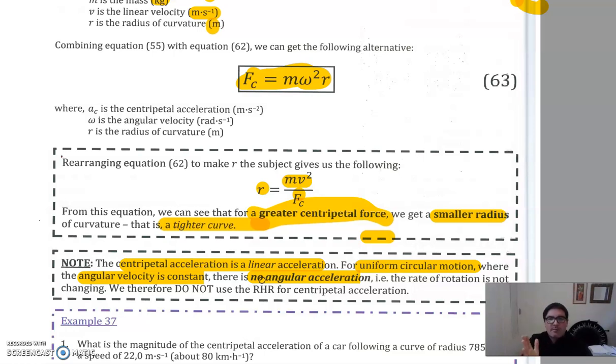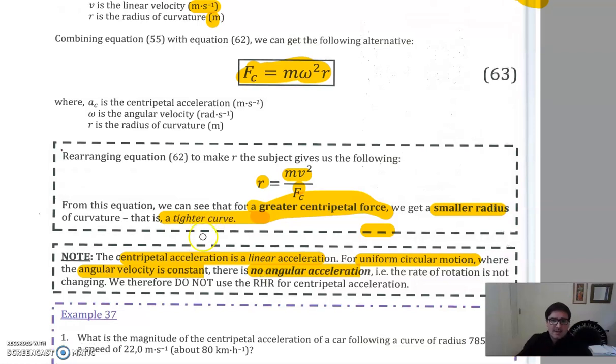It remains the same, the rate with which your angle changes versus time. Therefore your angular velocity is constant and you don't have angular acceleration. But remember, it's the directions of your centripetal acceleration and your centripetal force that are changing, and the direction of your linear velocity is also changing all the time.